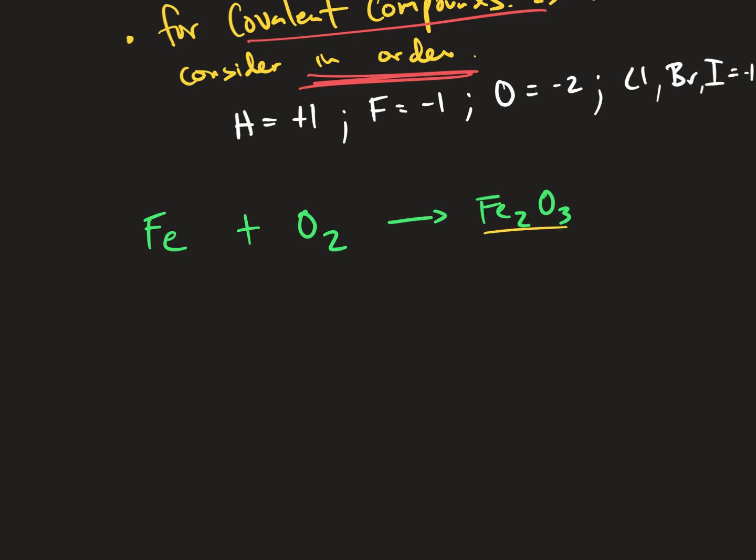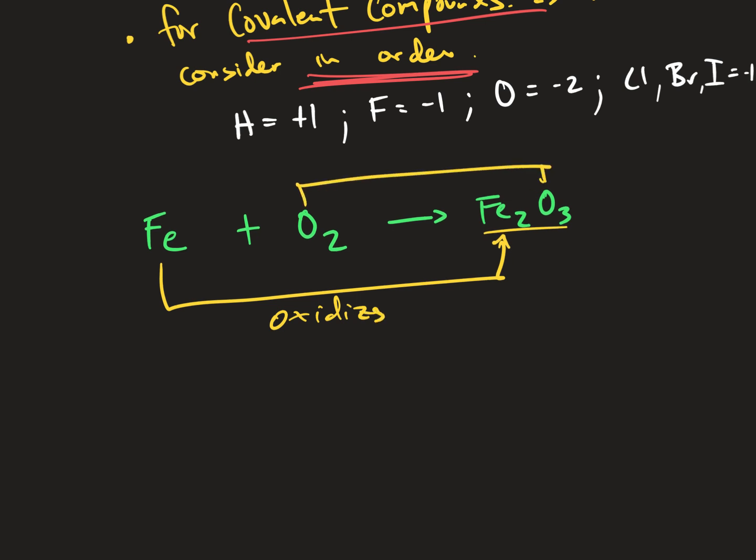So guess which one is oxidized? Iron oxidizes. That means oxygen is reduced. That's because metals oxidize, right? That's where the name comes from. So now let's take a look at this.